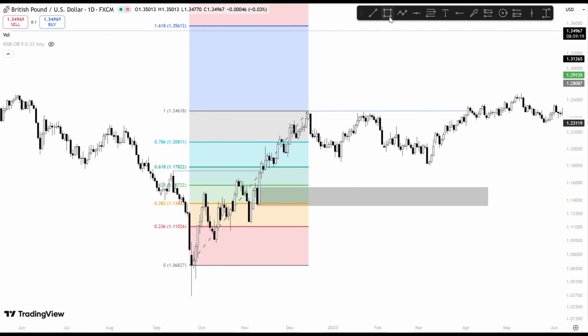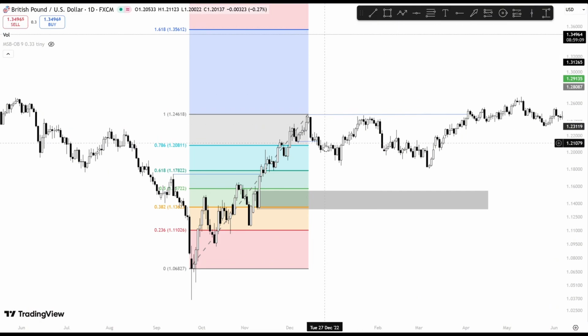This is the lower time frame shift that gave us our confirmation for the shift to the downside, giving us what I said earlier. Then we wait. Here is our 60, that is 0.6, so that is literally here.